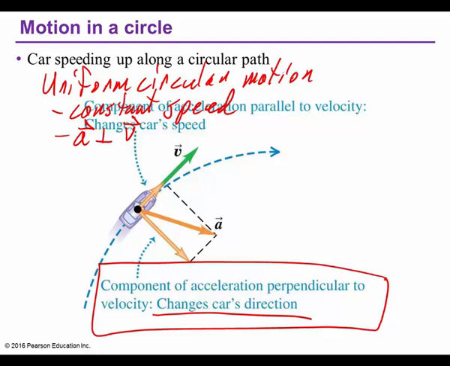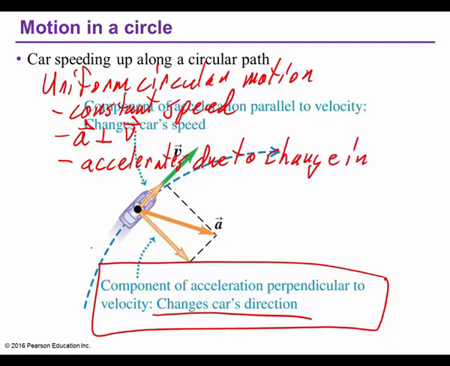And the reason we have acceleration, now you say, well, wait a minute, we've got constant speed, but it accelerates, is due to change in direction.